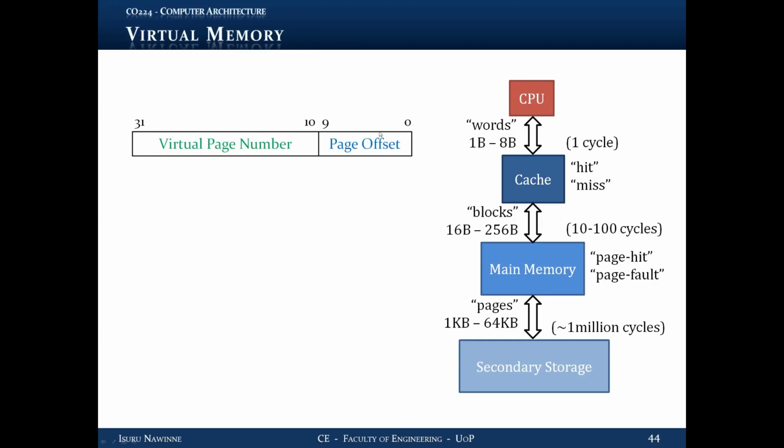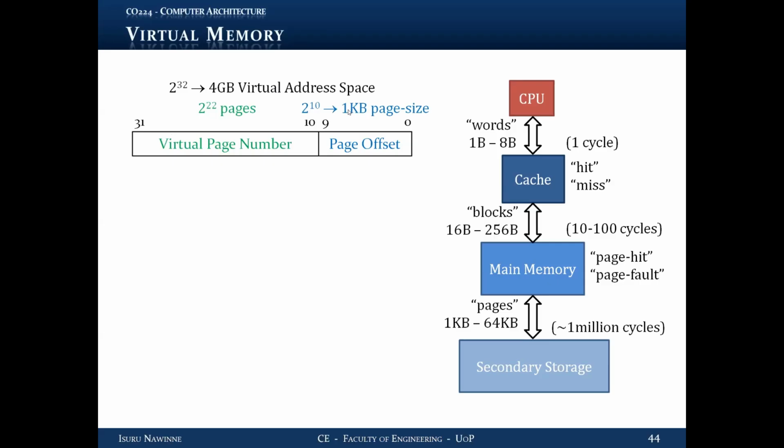So in this example, we have 10 bits for the page offset and the remaining 22 bits for the virtual page number. Since this is a 32-bit address, the virtual address space is 4 gigabytes. We can address 4 gigabytes of memory with 32-bit addresses. And with a 10-bit page offset, we can address 2 to the power 10 individual bytes.